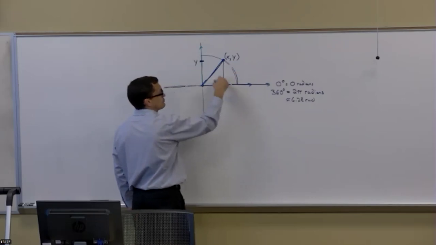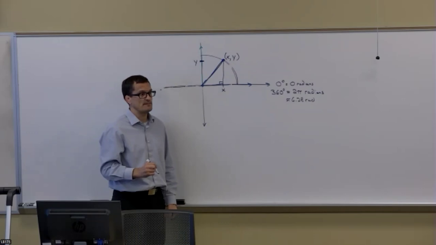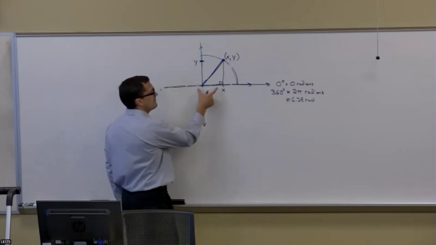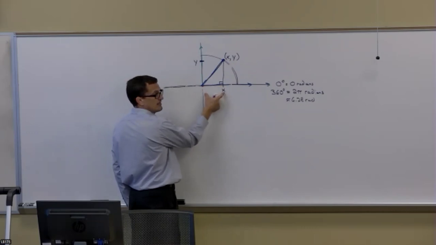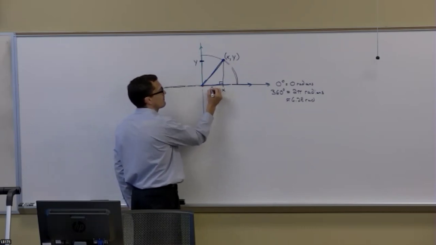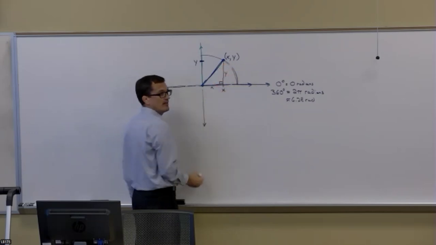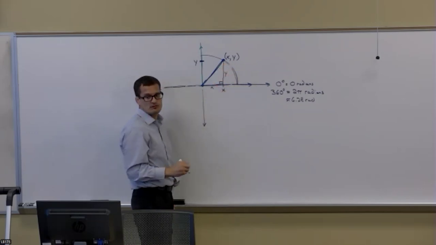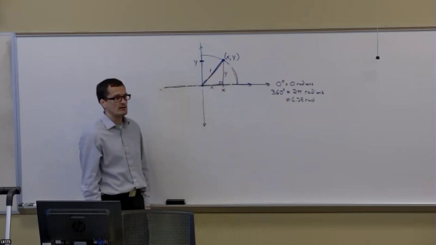Well, there's a right triangle implicit in the unit circle. Everybody see that? The length of this leg of that right triangle is obviously x. The length of this leg is y. And since we have a circle of radius 1, the length of the hypotenuse has to be 1.